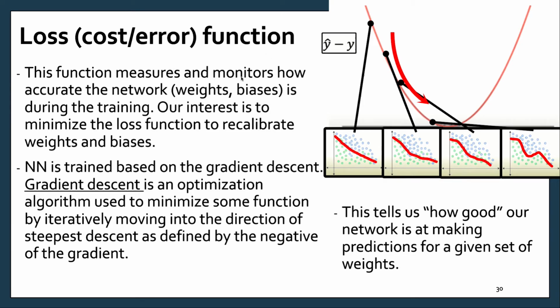So the loss, which is the cost or error function, measures and monitors how accurate the network is. Remember, it measures for the weights and biases during the training. Your interest is to minimize the loss function to recalibrate the weights and biases. And a neural network is trained based on gradient descent. Gradient descent is an optimization algorithm used to minimize some function by iteratively moving in the direction of steepest descent as defined by the negative of the gradient.